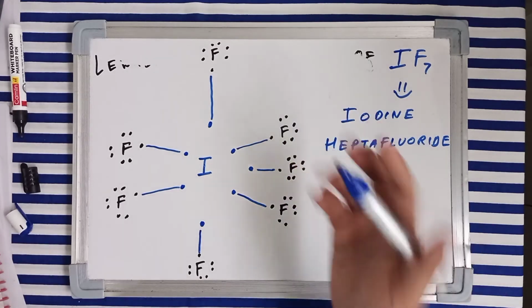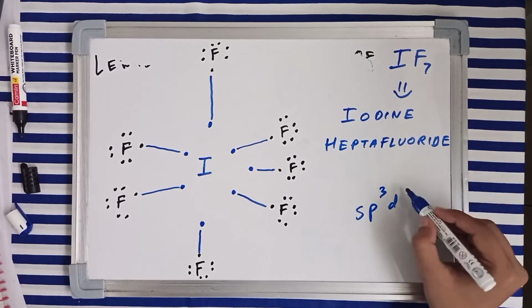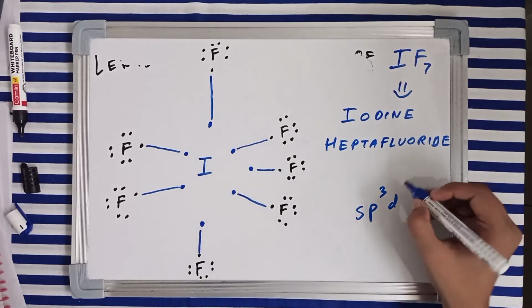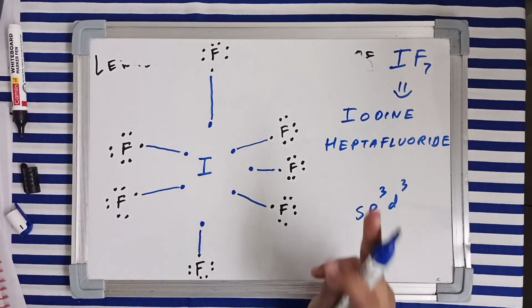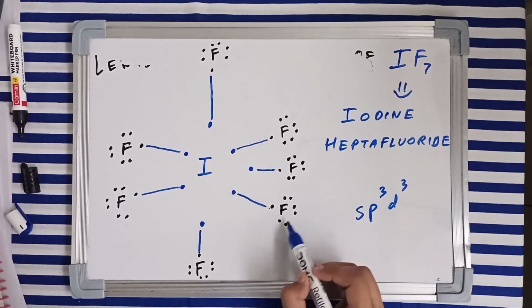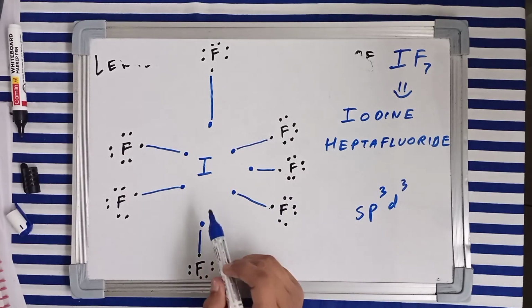Okay, its hybridization is sp3d3, and each fluorine has completed its octet, 1, 2, 3, 4, 5, 6, 7, 8. Similarly, all of the fluorines have completed their octet, but there's a catch.